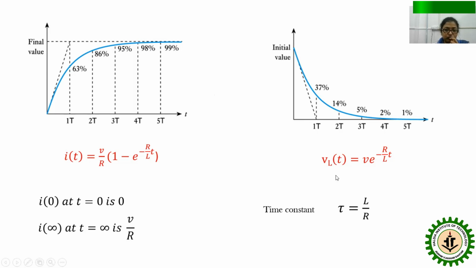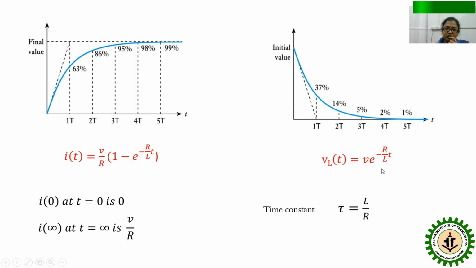Now the same thing we can do for the voltage also. If I want to find the voltage across the inductor, as we are discussing the inductor, here you have to write V suffix L, meaning the voltage drop across the inductor. In the same way, you just have to put L di by dt. We already know i(t), so put its value and then find V_L(t). V_L(t) equals L di(t) by dt.